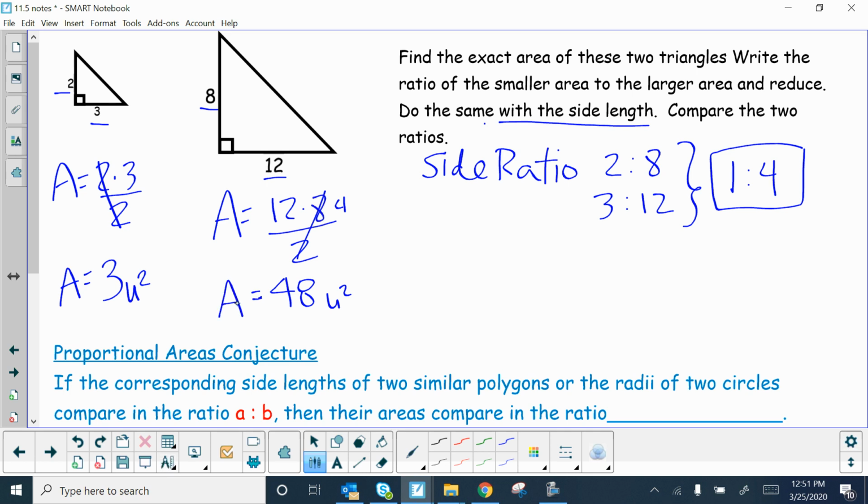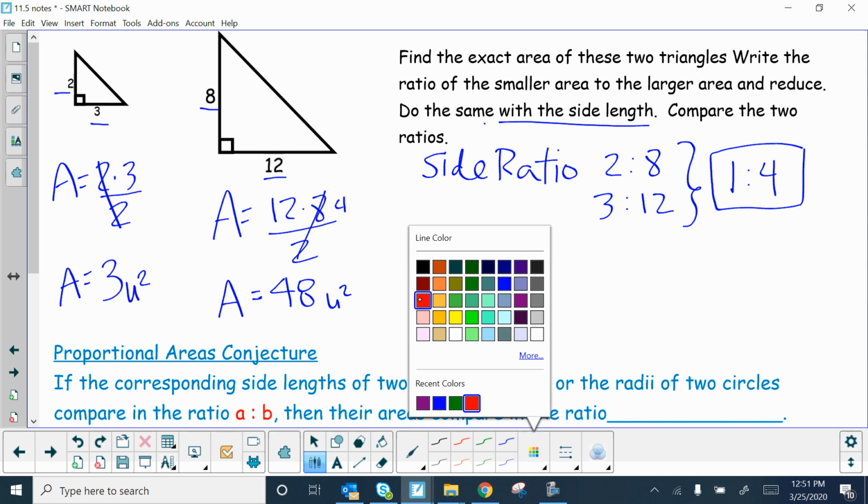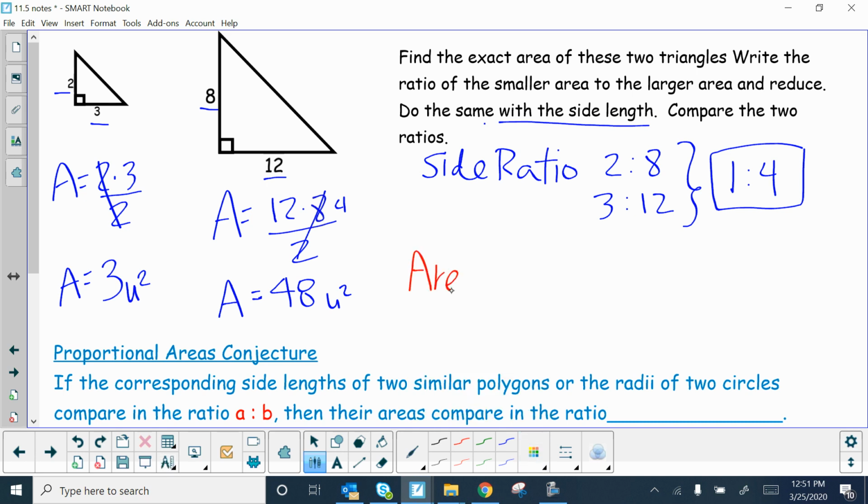So now let's write that down. Let me pick a different color. So the area ratio is 3 to 48. Does that reduce? Let's check to see what that reduces to. How many times does 3 go into 48? It goes into it 16 times. So this actually reduces to 1 to 16. So the area ratio is 1 to 16.